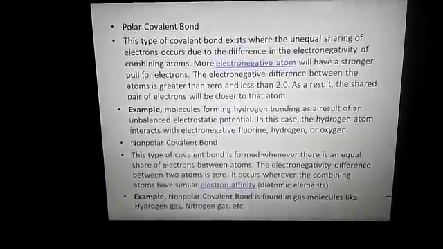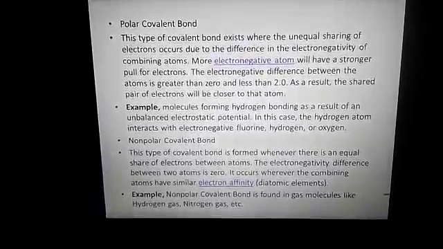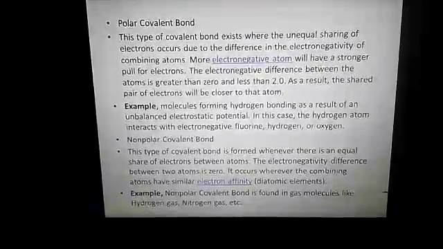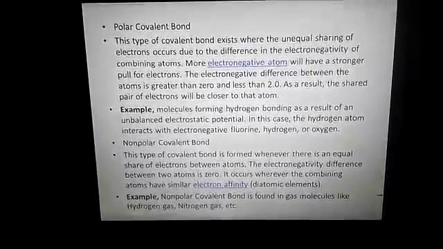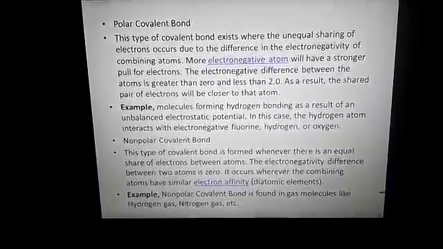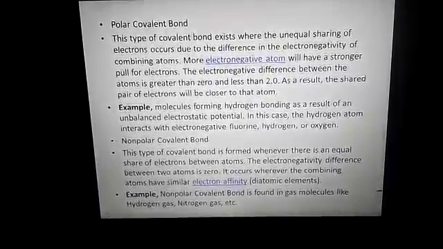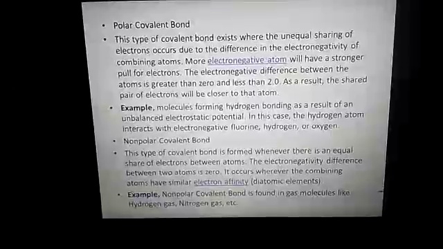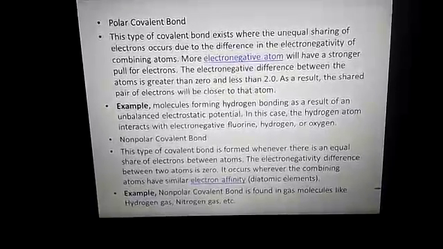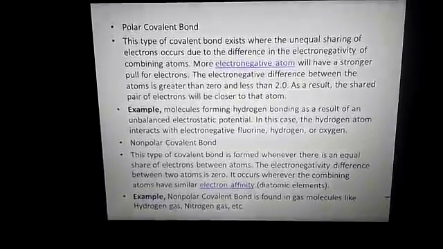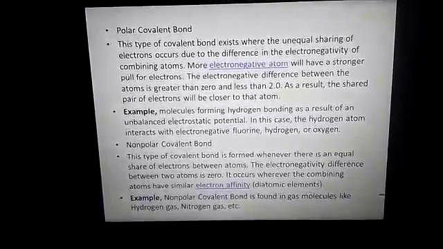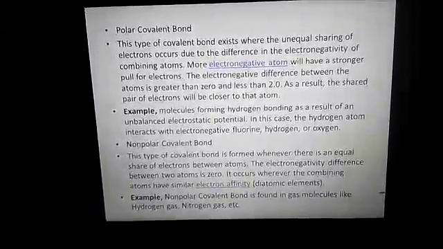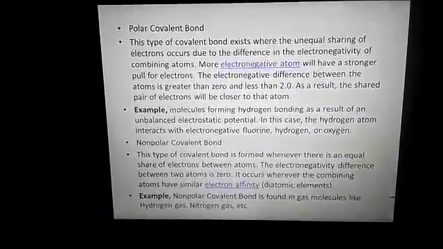The two covalently bonded atoms are identical when the shared pair of electrons is at equal distance from the combining atoms. Examples of non-polar covalent bonds are hydrogen H2, chlorine, oxygen, etc., because they have equal sharing of electrons.